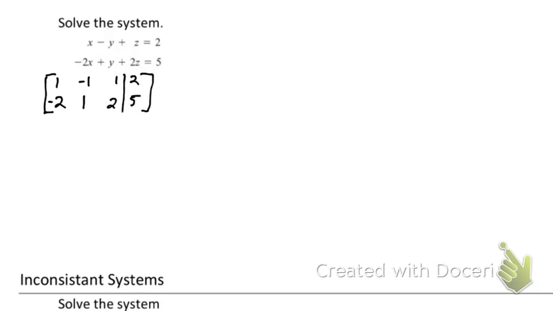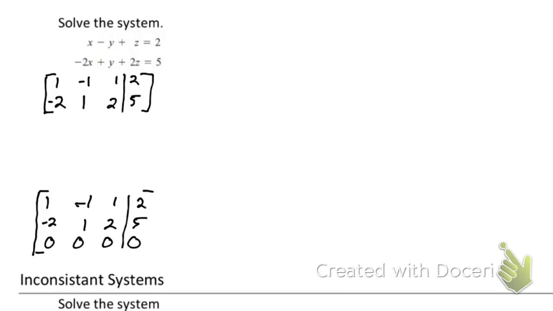So just remember, what we really have is 1, -1, 1, 2. We have a -2, a 1, a 2, a 5. And that last row would be 0, 0, 0, 0. That automatically makes it dependent.